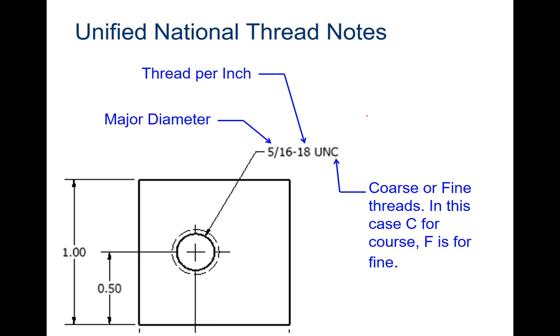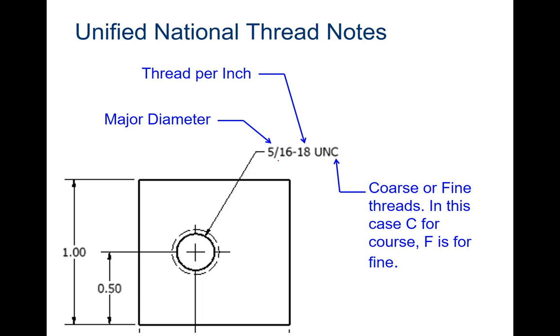So here's an example of a specified type of thread note using UNC or ISO notations. So here it's telling you we have a 5/16 inch diameter. It's given to us in a fraction because, think about it, you're trying to drill a hole. Remember, all the sizes that we have are in fractions.